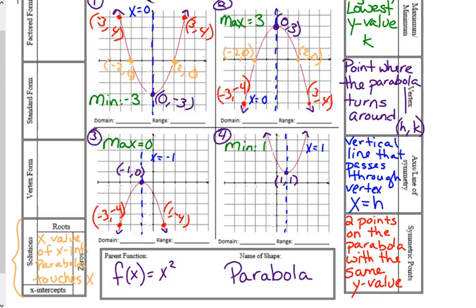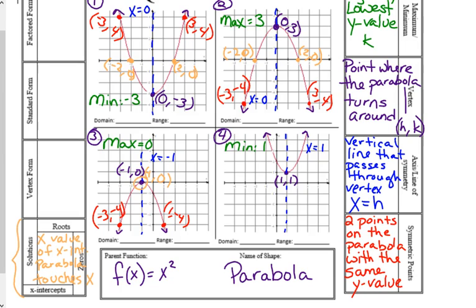Again, the solutions are 2 and -2. On number 3, the only place where it touches or crosses is here at the vertex. So that's going to be (-1, 0), and the only solution we have is -1.